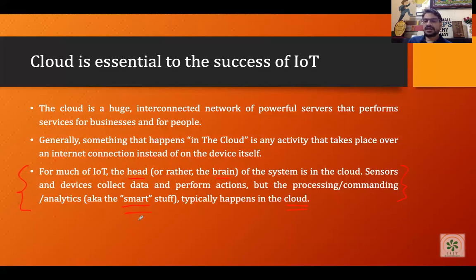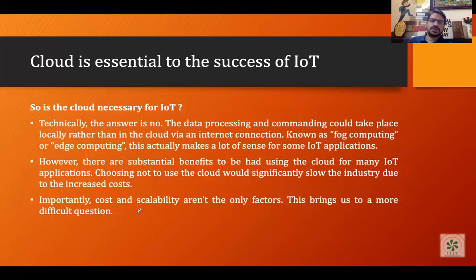So can we say that the cloud is essential, or that without the cloud, IoT is not at all possible? It says that technically the answer is no. No means that even without the cloud, an IoT infrastructure is possible.